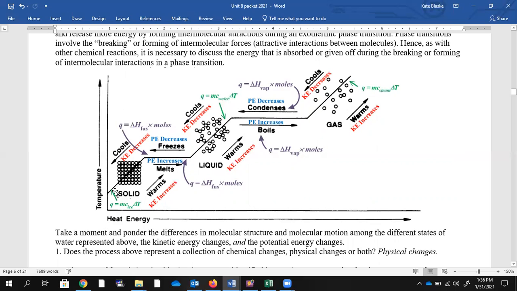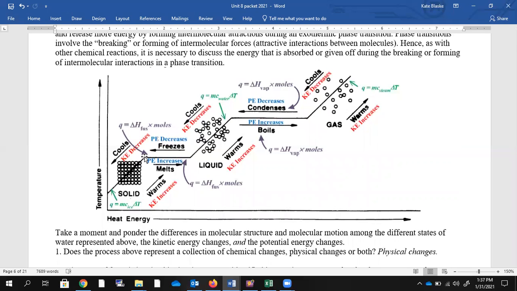So at the lowest energy, the lowest temperature, we usually have a solid. If we add more energy to that solid, we are going to increase its temperature until we hit this magical point called the freezing point or the melting point. Means the same thing.